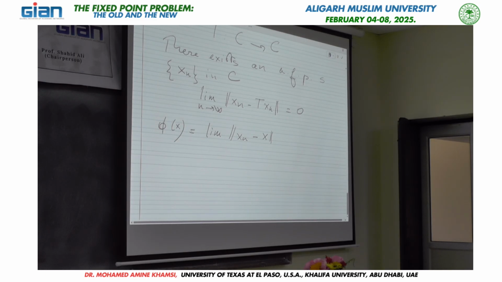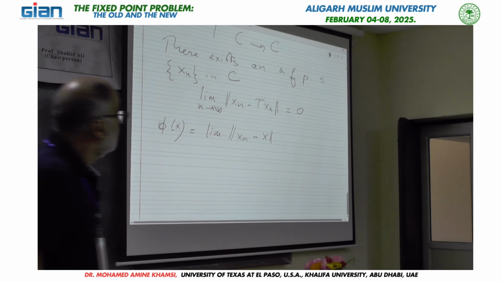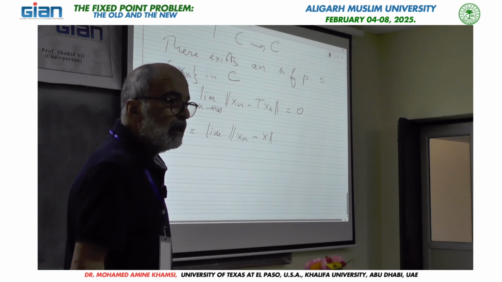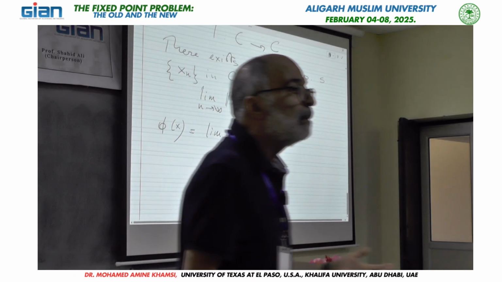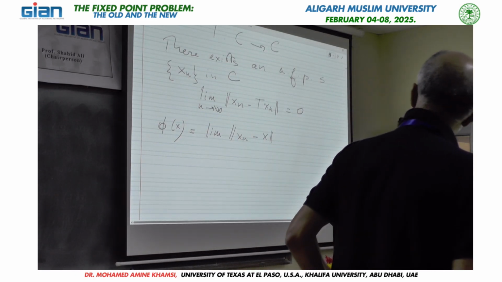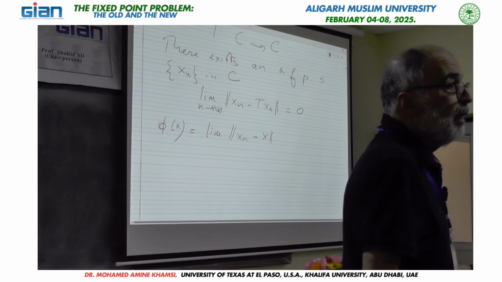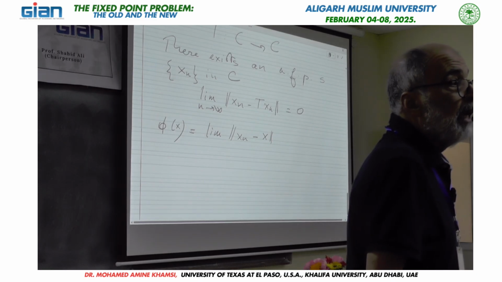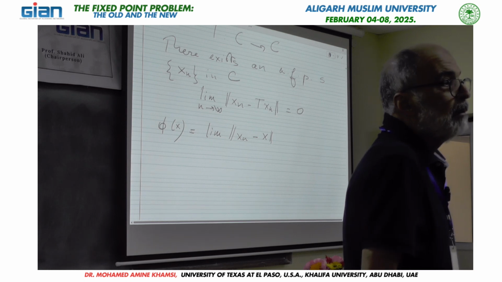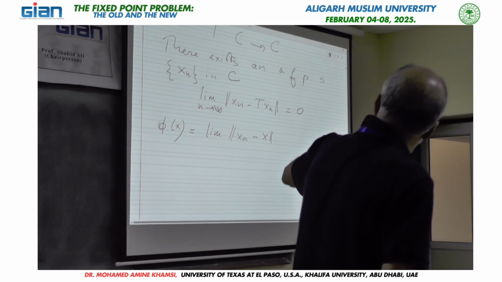The problem resides where? The limit may not exist. Because I didn't say anything about x_n converging. It just belongs to C, bounded. So how are you going to define this object?